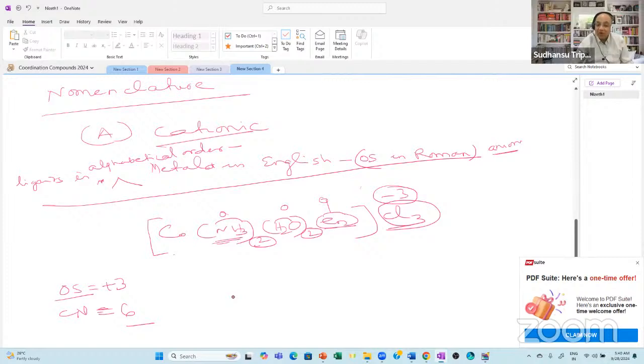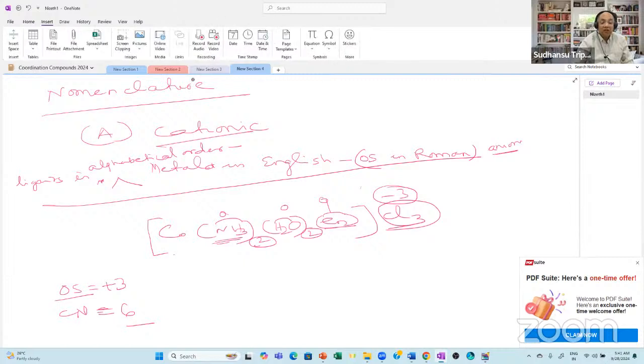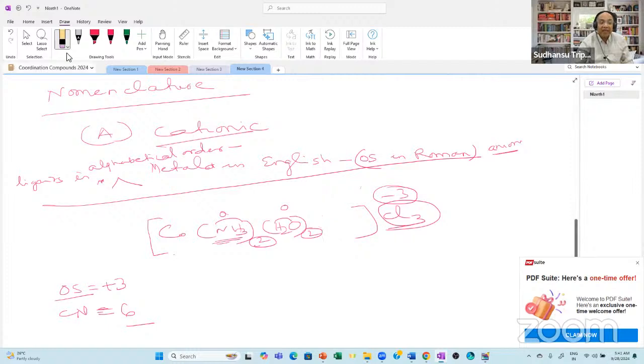First, arrange all the ligands with the multiplying or multiplicative suffixes. If it is a simple ligand, then di, tri, tetra. If it is a complicated ligand, which itself carries di, tri, tetra, then for its multiplication you use the prefixes you know from organic, like bis, tris, tetrakis, pentakis, and so on. Here you are advised to put a bracket around every ligand.